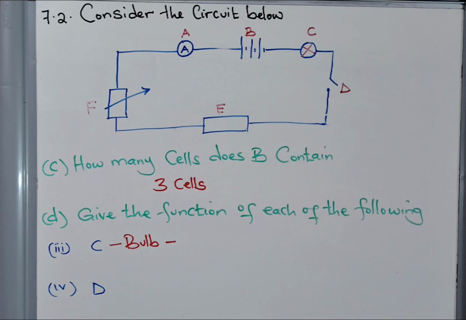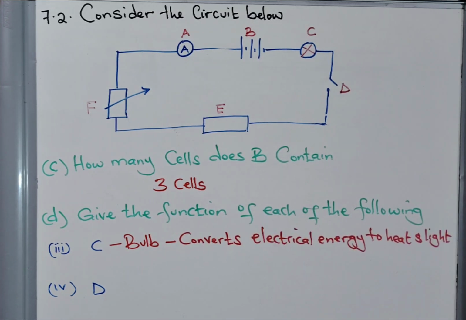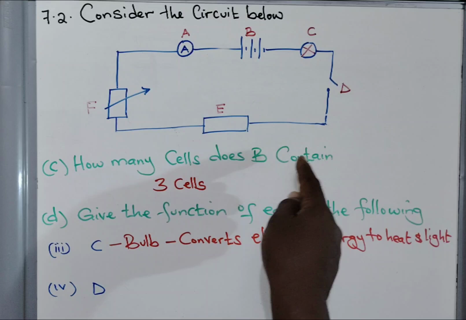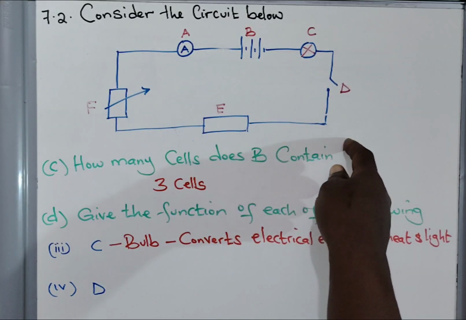It converts electrical energy to heat and light. So we come to D. What is D? D is switch. And what's the function of the switch? To open and close the circuit. We have to know that electric current only flows when the circuit is closed.